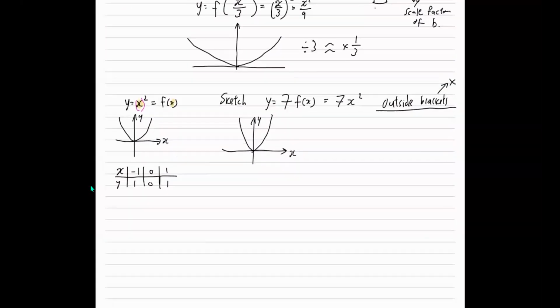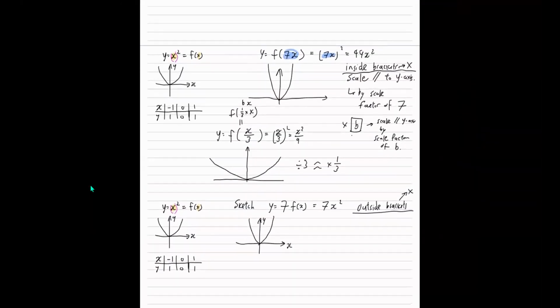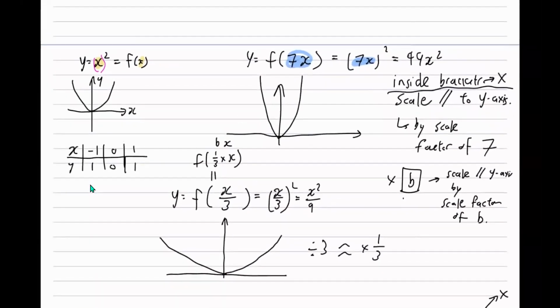Wait, what did I say? Still parallel to the y-axis. This is wrong. Sorry, I made a mistake in the previous one. Can I correct this? This is supposed to be parallel to the x-axis. Sorry, this is a bad example.